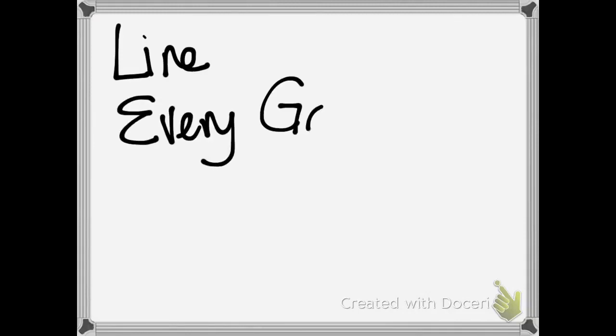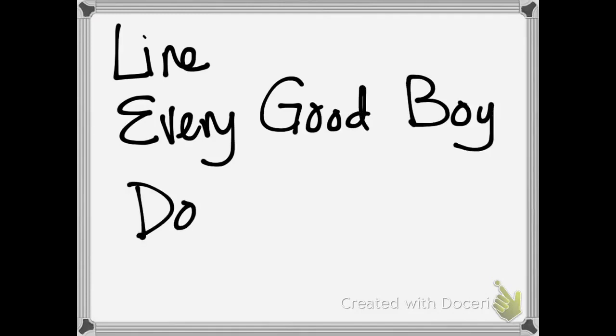The line notes, so the notes that are on the lines, we remember with every good boy does fine. Some people say every good boy deserves fudge. There's a bunch of different sayings, but this is the one that I grew up knowing.